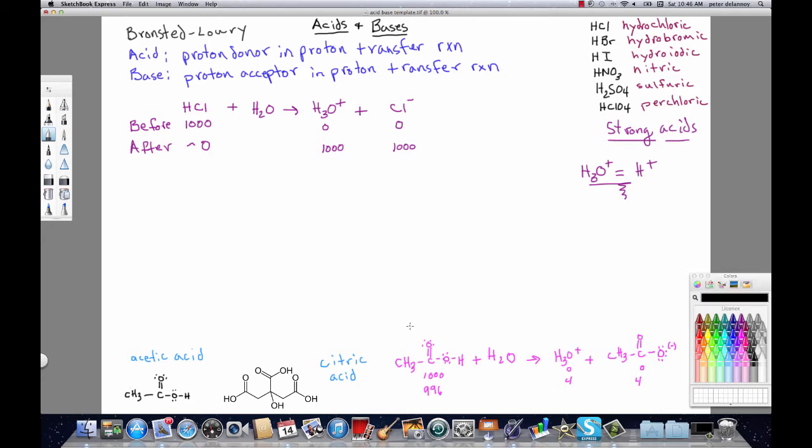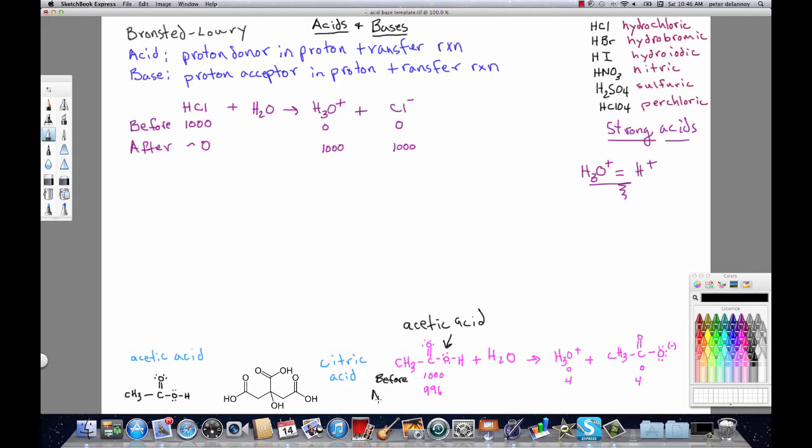So down on the bottom right, I'm showing the ionization for acetic acid, which is vinegar. All right, and I'm indicating the same kind of issue here. So before any reaction takes place, you're going to make a solution of acetic acid in water. So we pick out 1,000 molecules and we add that to a sample of water.